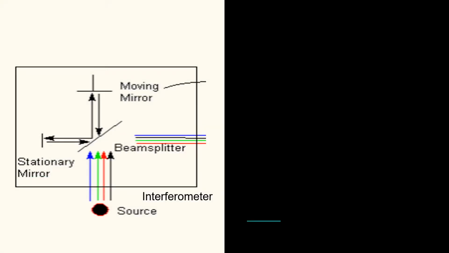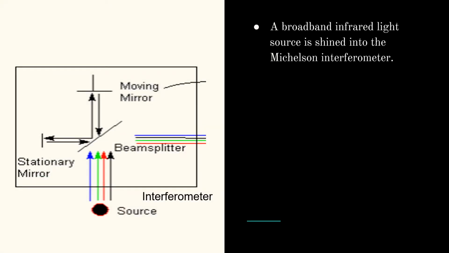And now, we'll explain how FTIR works. The broad light infrared source, which is a full spectrum of wavelengths, is shined into the Michelson interferometer. A certain configuration of mirrors, one of which is moved by a motor and the other is stationary. The light passes through a beam splitter which sends the light in two directions at right angles.